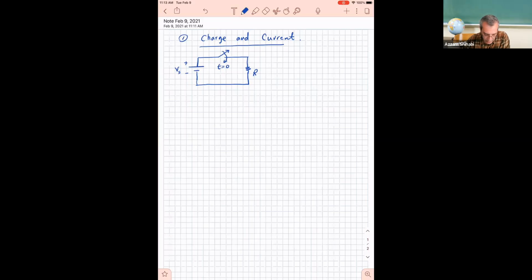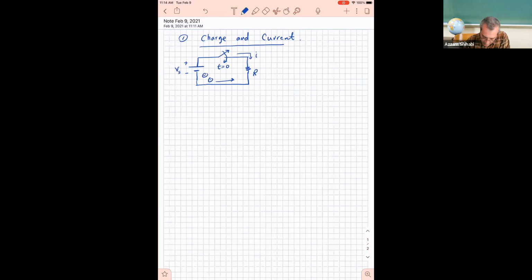We have a closed circuit, and these electrons will flow from the negative terminal of the source to the positive in this direction. So this flow of charge in the circuit can be represented by the current. The direction of the current is always defined as opposite to the direction of the flow of the electrons.